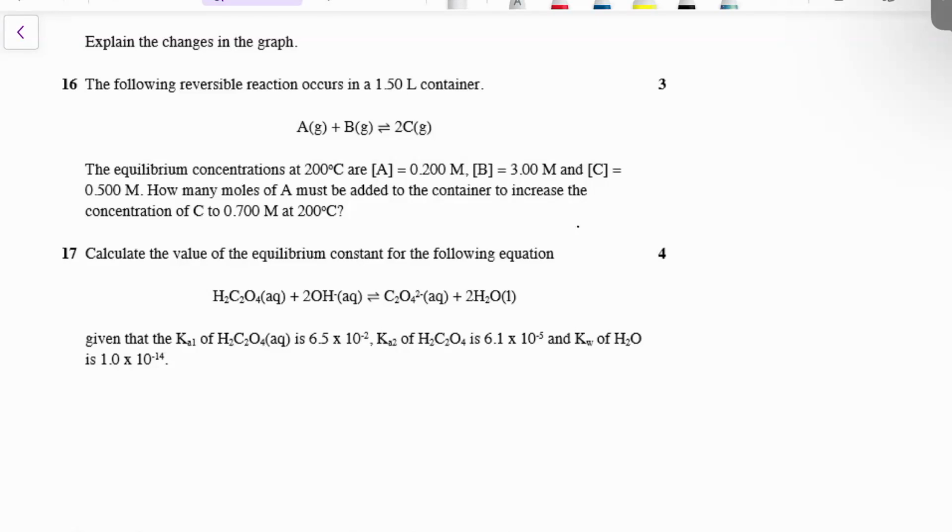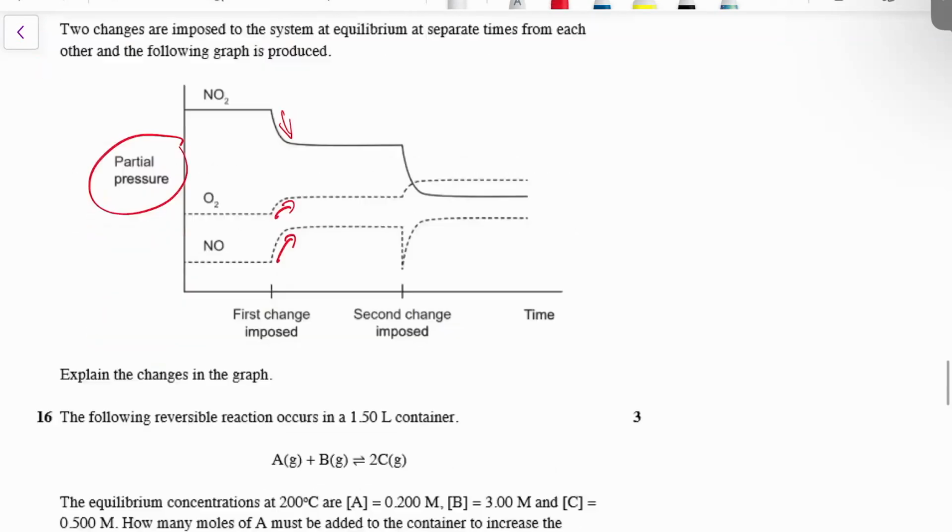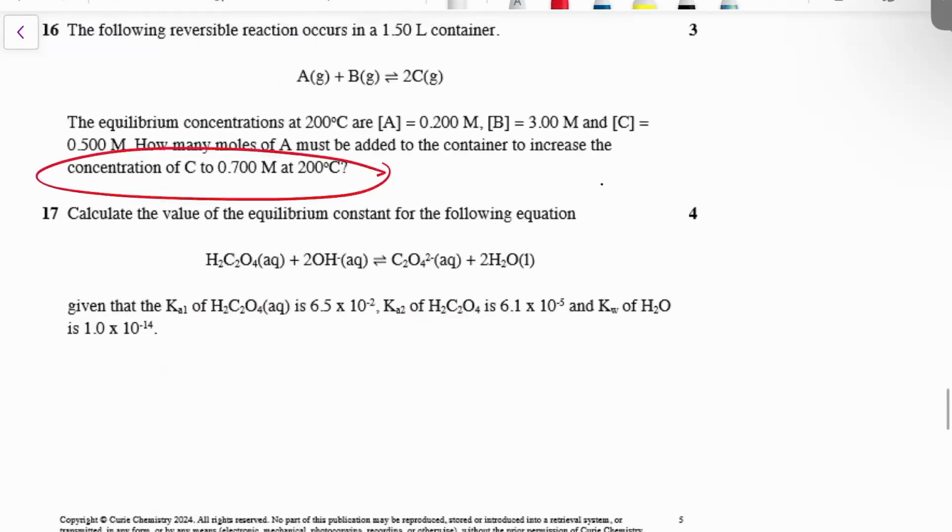The only concentration that's stable is when it's at equilibrium. So don't get confused when it says C is 0.5 and you want C to go to 0.7. All that means is that when you set up your new ice table, the concentration of C is 0.7.